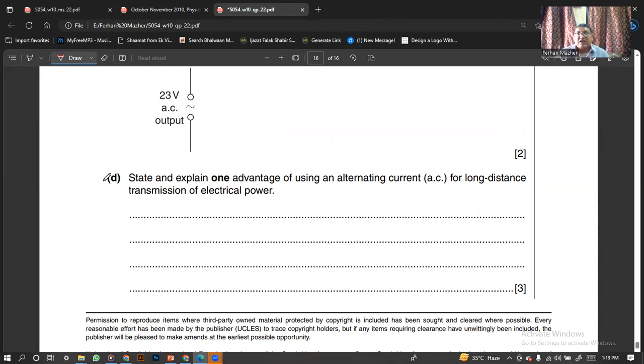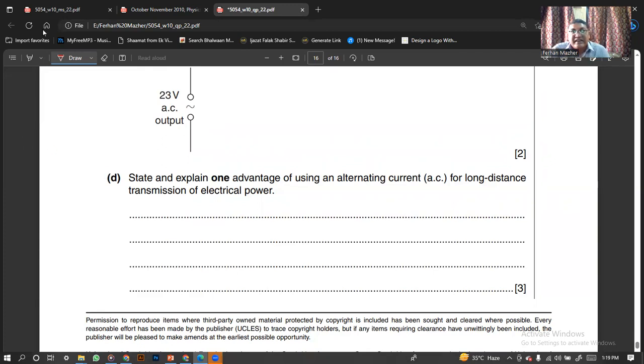When you increase the voltage, the current will decrease. And when the current decreases, the power loss in the transmission lines decreases. And when the transmission line reaches the consumer, there we put a step down transformer and we reduce that voltage.